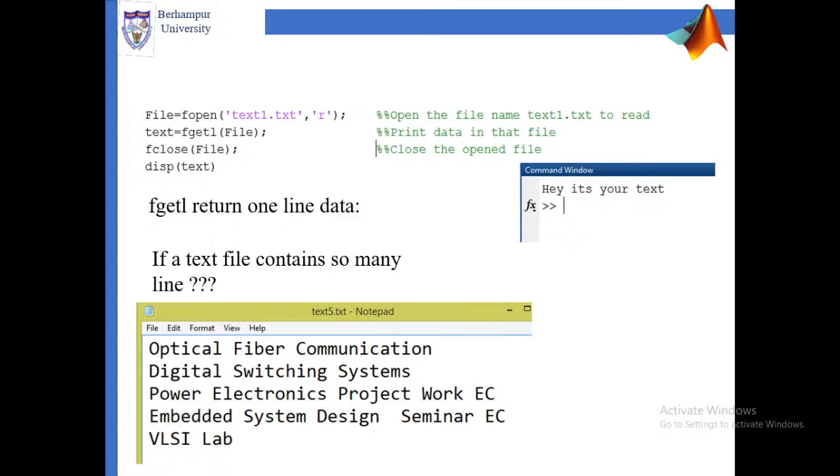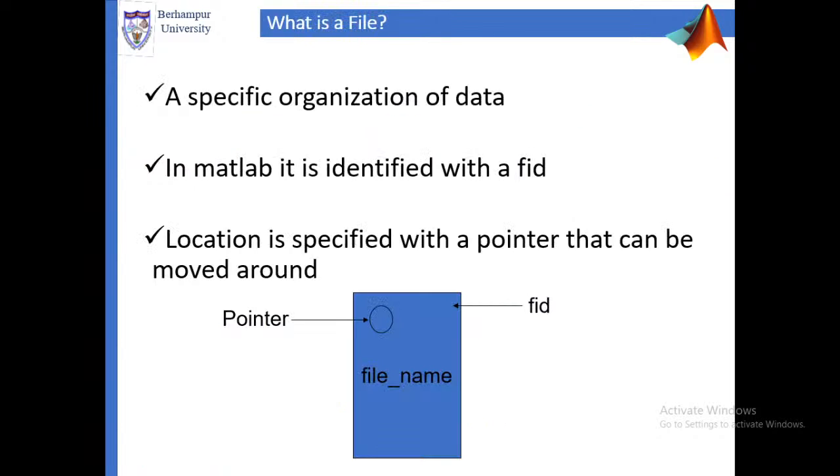Let us try to understand what a file is in a very short form. A file is a specific organization of data. You keep data in an organized manner at some place, and that place is called a file. In MATLAB, it is identified with a file identifier.